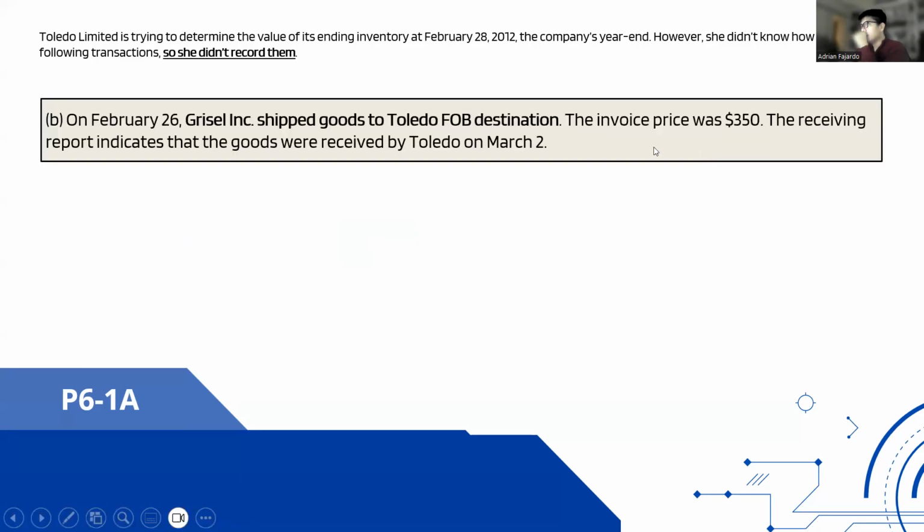Next. On February 26, Grisel Inc. shipped goods to Toledo, FOB. So, again, next step is, let's analyze. Nag-ship raw ng goods to us. So, therefore, our POV, sino tayo? We're Toledo. We're the buyer in this situation. So, ano yung shipping terms?